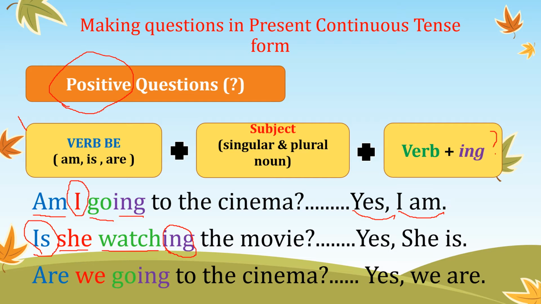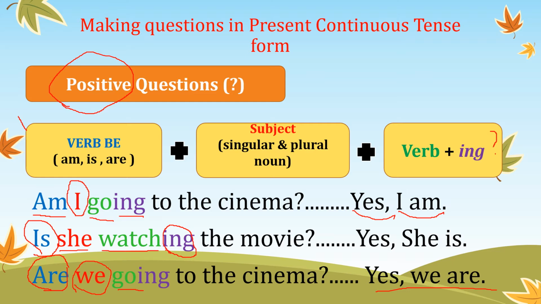And then the next one, are. We start with the verb be are because we are going to do a plural noun. And then followed by we, plural noun. Are we, verb go plus ing. Are we going to the cinema? Yes, we are.